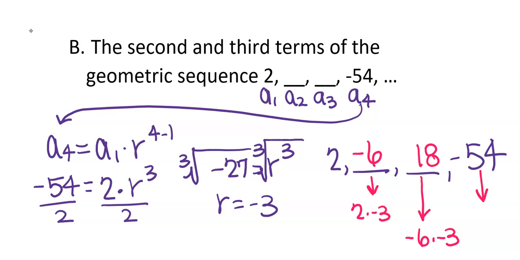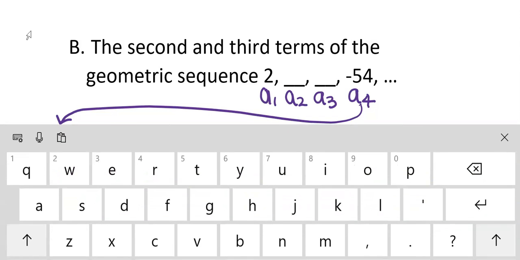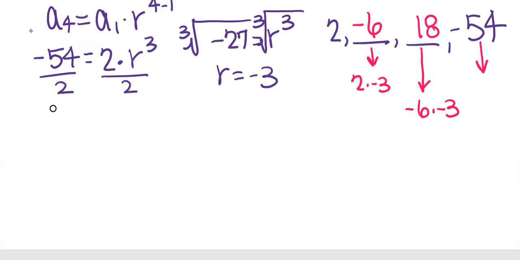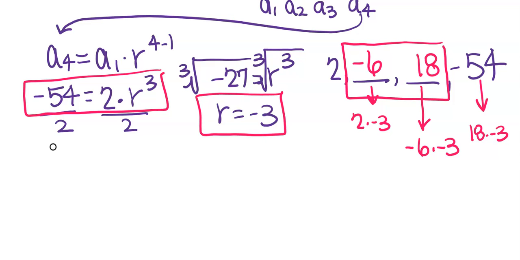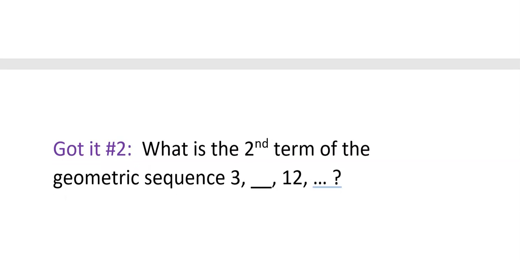If you keep going, it should work when you do it with the one that you had originally. So 18 times negative 3 should be negative 54, and it is. So the two that we're missing are right here. You would have to show that part right there.